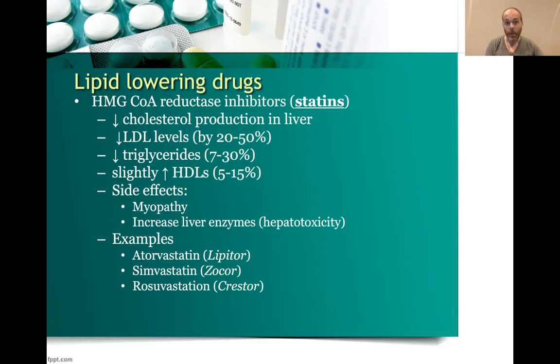So they lower our bad ones and increase our good ones. The side effects can be myopathies and increased liver enzymes, so you can have some hepatotoxicity. Three very common ones are Lipitor, Zocor, and Crestor. A lot more common on TV than they are now.